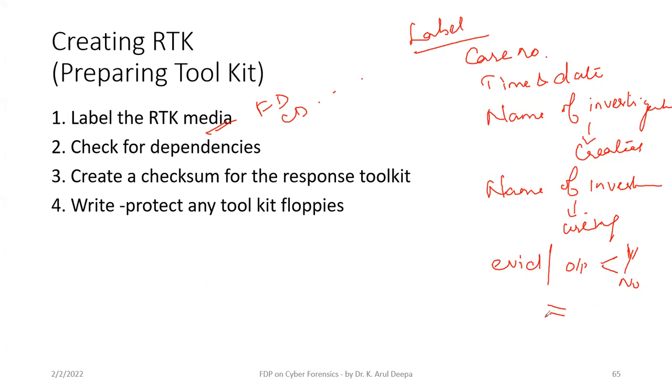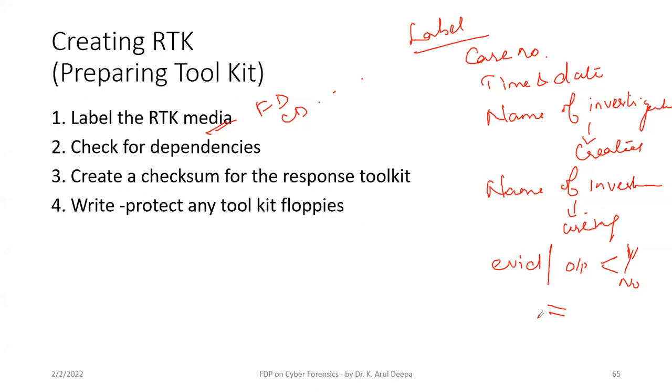Then the second step is to check for dependencies. Dependency is about whether the toolkit is independent. Can all the tools execute independently, or do they need any DLLs or other support files from this system?